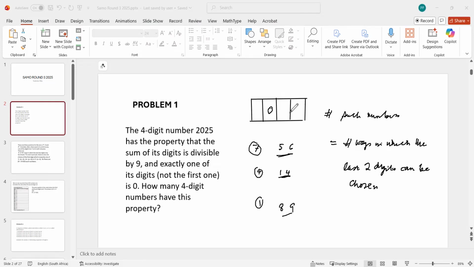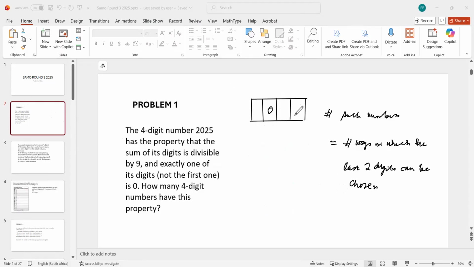So now let's choose this digit. How many ways can you choose the third digit? You're not allowed to choose a 0, but you can choose any one of 9 numbers: 1, 2, 3, 4, 5, 6, 7, 8, 9. So the third digit can be chosen in any one of 9 ways.